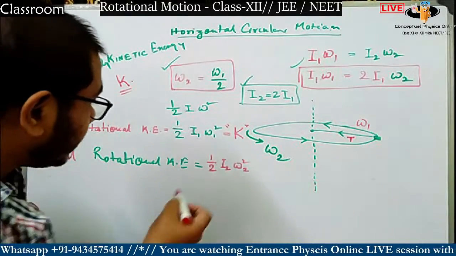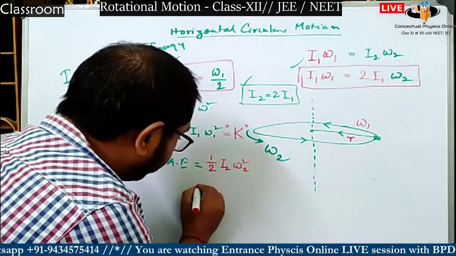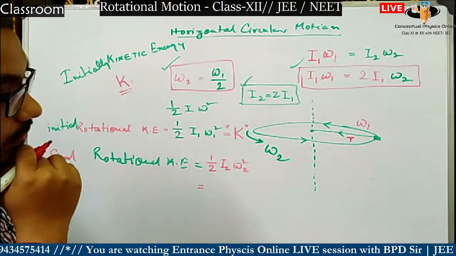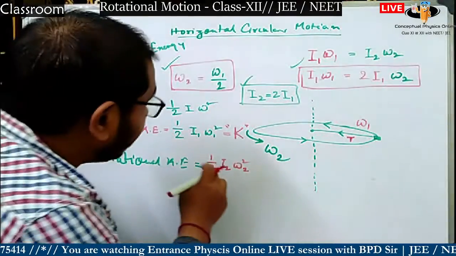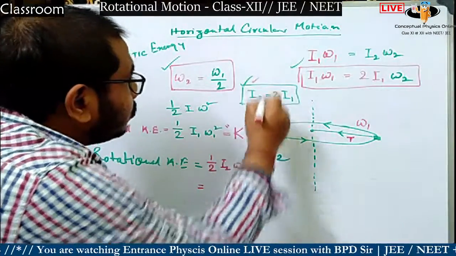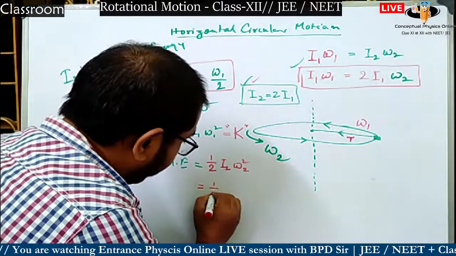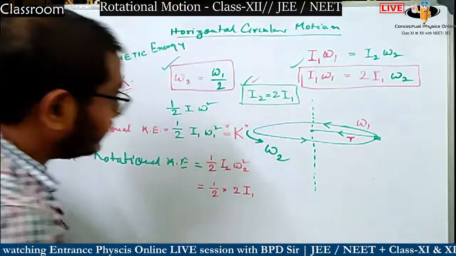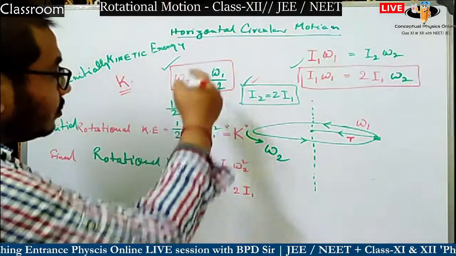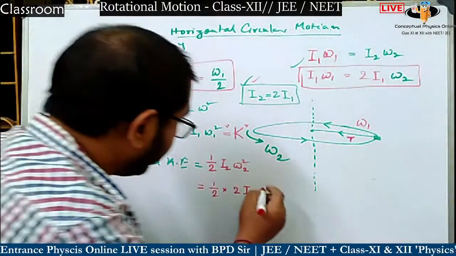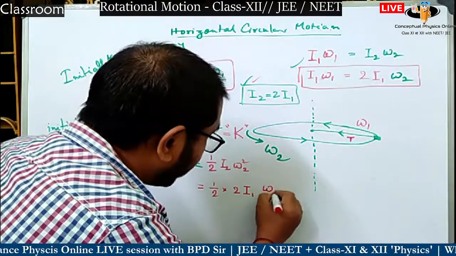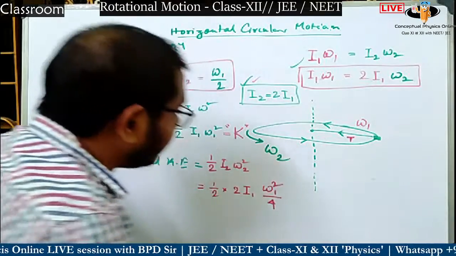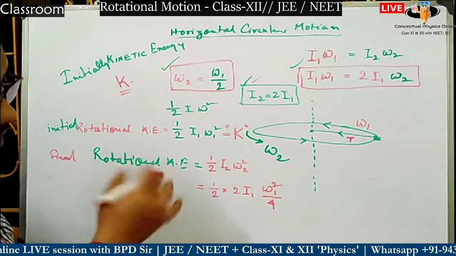Okay, so this is becoming half I2 omega 2 square. We have I2 equal to 2I1, and omega 2 equal to omega 1 by 2. So, half into 2I1 into omega 1 square by 4. I have just squared the term.